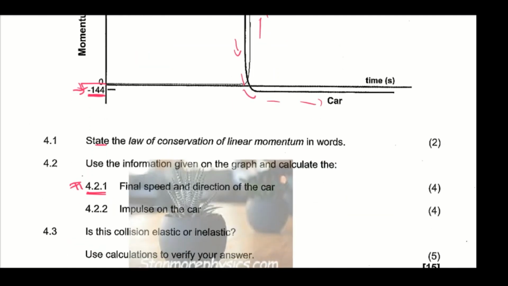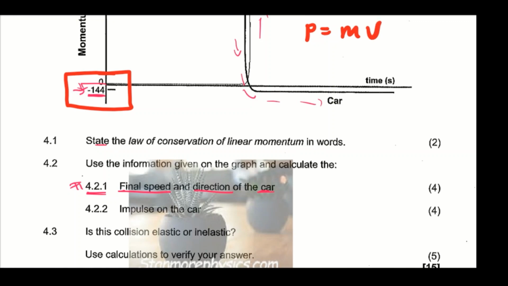And the statement wants us to find the final velocity and the direction of the car, right? So which means we're going to focus on this momentum here, which is minus 144. And so the equation that we're going to use is P equals mv. So that is the equation of momentum.